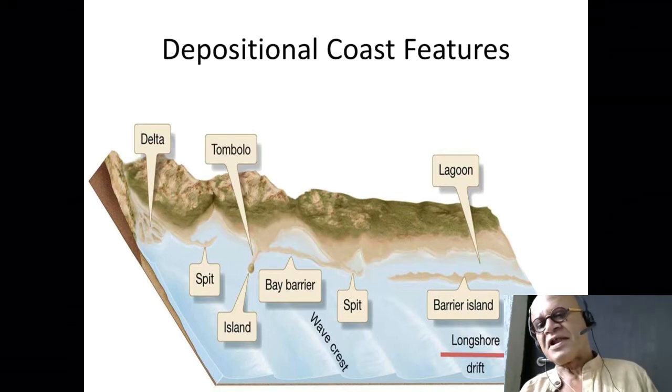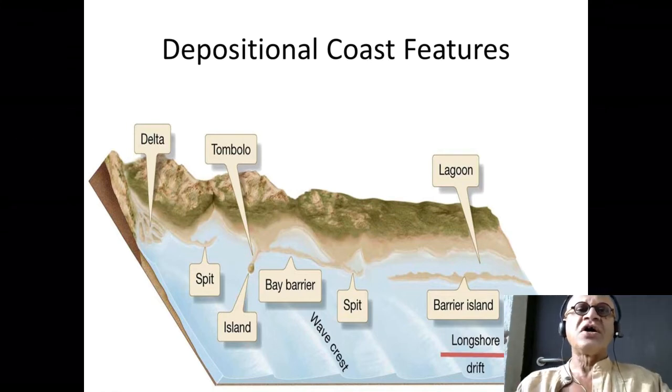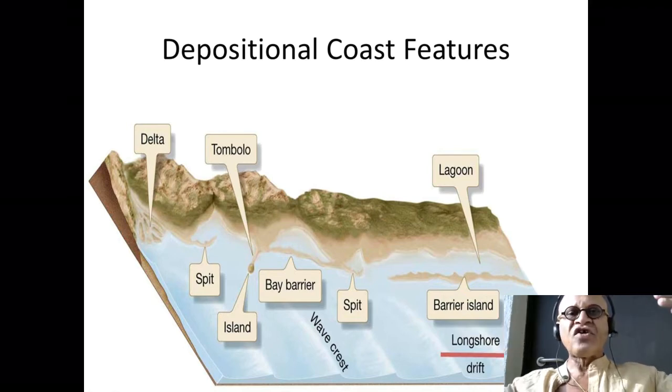And here you have another spit, and you have a barrier island being formed because the energy is deposited in such a way that just in front of the mainland you create a longshore bar, which over time can get colonized by certain vegetation and so on. Remember, as I said, nature makes the rules, biology finds the loopholes.